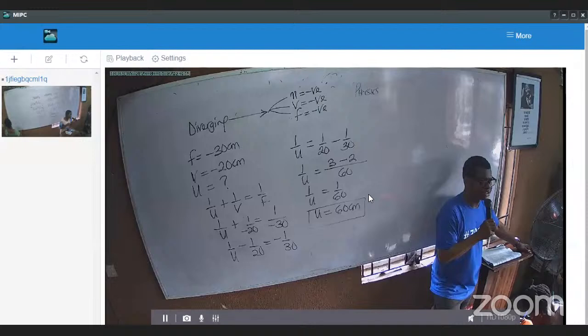Find the apparent displacement of the coin. Classwork.